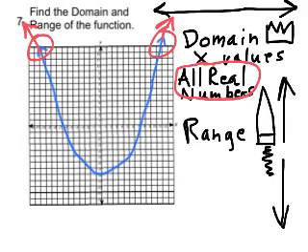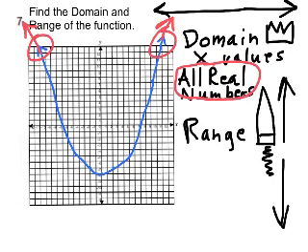That's the domain. Now the range goes up and up and up. You can see that, but it starts at a certain point. Starts right here. So you have to figure out what that is. It looks like negative 8. 1, 2, 3, 4, 5, 6, 7, 8.